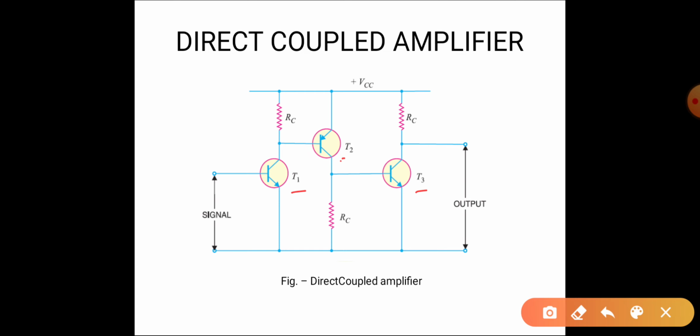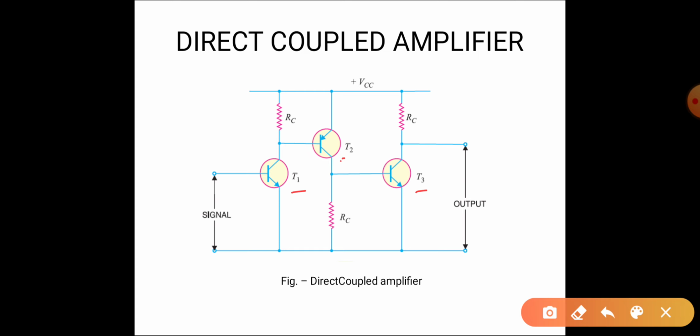So we cannot get amplification for low frequency signals, you can say the signals below 10 hertz frequency. In your physical world you will be getting signals below 10 hertz and you want to amplify them, then you cannot use RC coupled amplifier or transformer coupled amplifier.